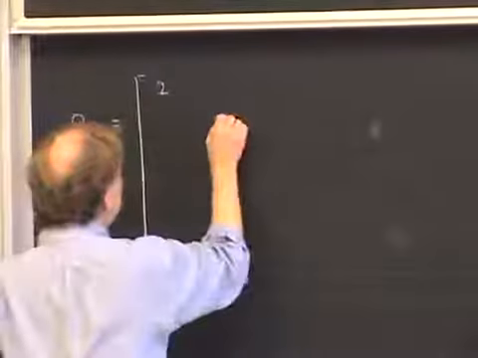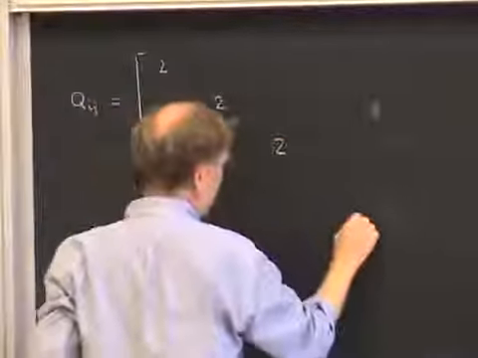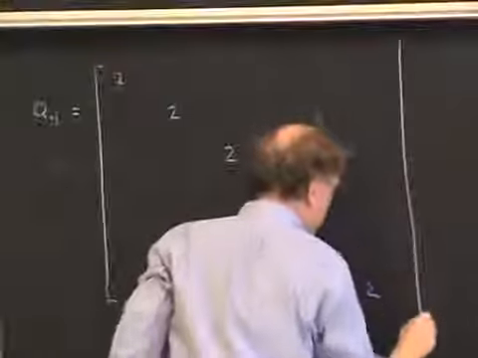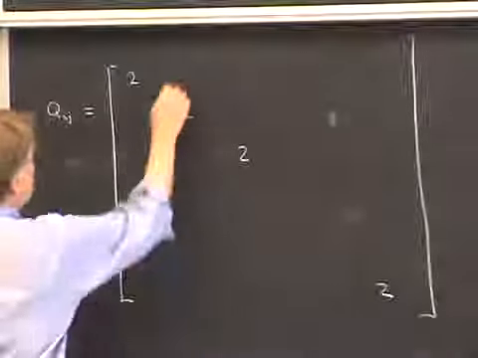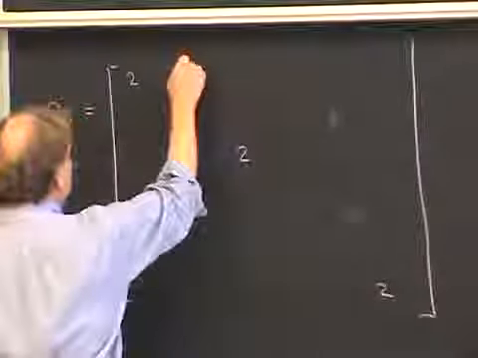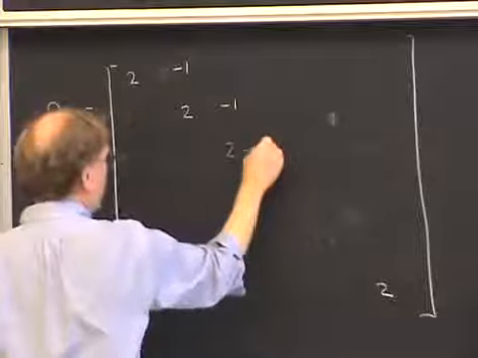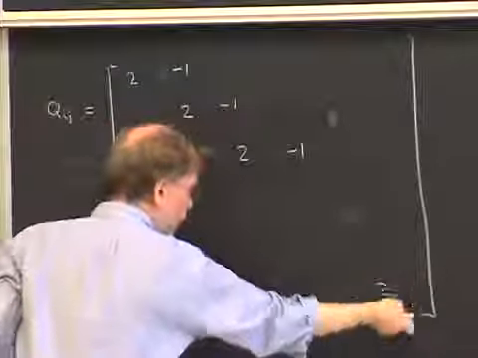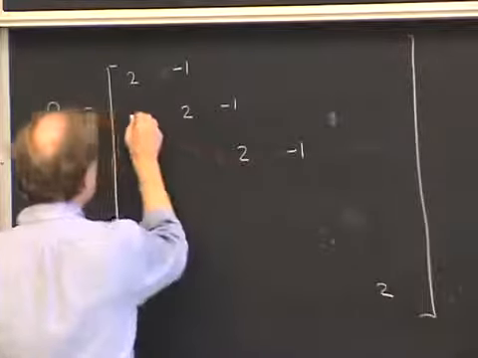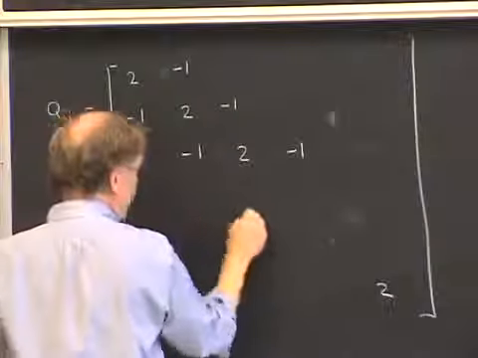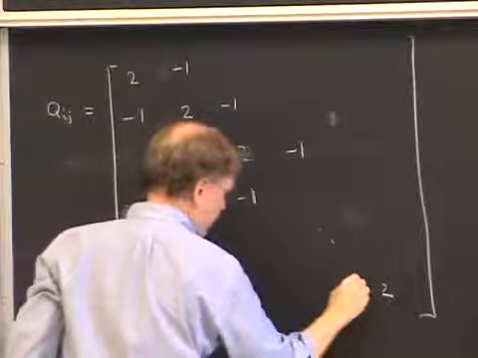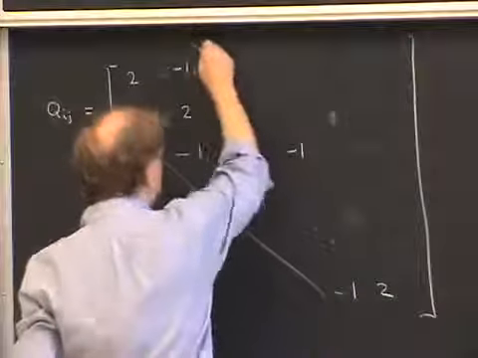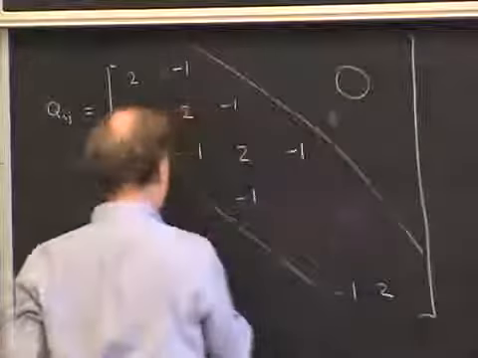It's going to have 2's on the diagonal coming down like this, going all the way down, and the last one will have a 2 here. And then it's got minus 1's on the off diagonal, on both upper and lower off diagonal. Down here, there's no off diagonal there because that's at the end, but there's an off diagonal on this side, minus 1, going down to minus 1 there. So this is actually a tri-diagonal matrix, and it's got zeros everywhere else.